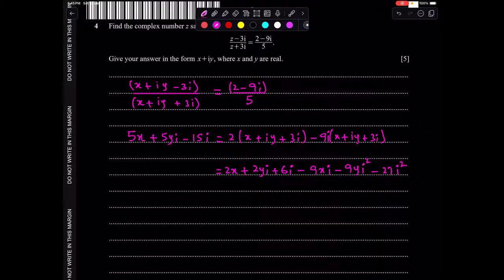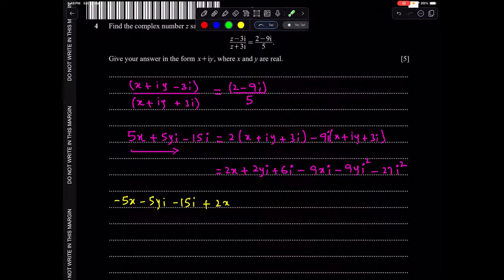Now bring everything on right side or left side, you have option. I'm shifting all these terms on right side. So we have minus 5x, minus 5yi, minus 15i, plus 2x.